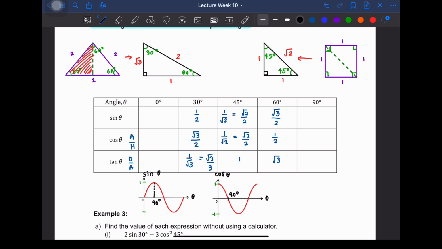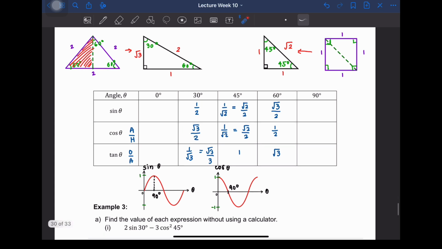Okay, so how do we read the cos and sine graph? So the first one we want is sine 0 degree. Okay, so look at the graph of sine over here. So sine 0 means that 0 is your value of theta, right? And sine theta is the value of our y. So when theta is equal to 0, the graph is at 0 and then the y is at 0 as well.